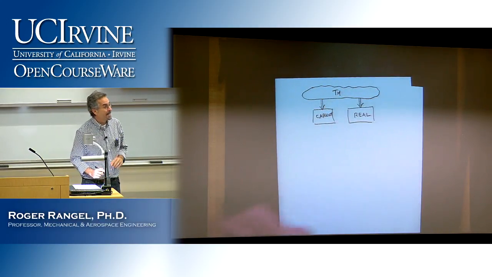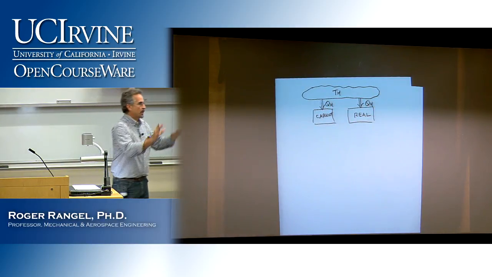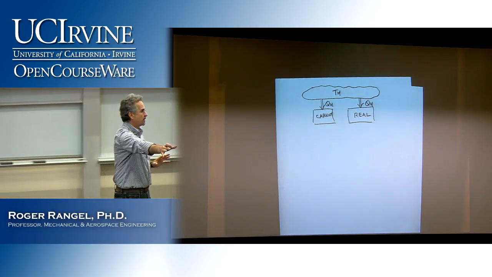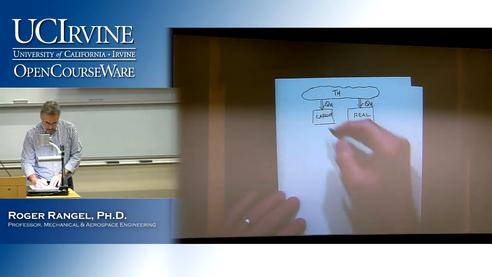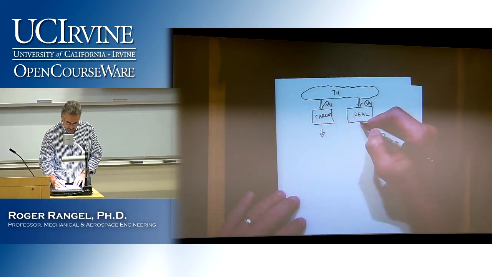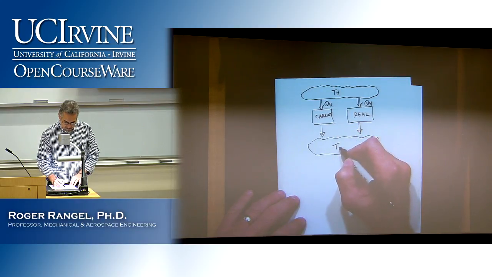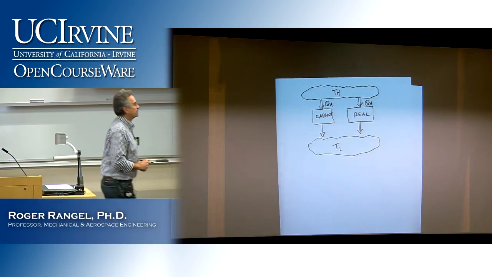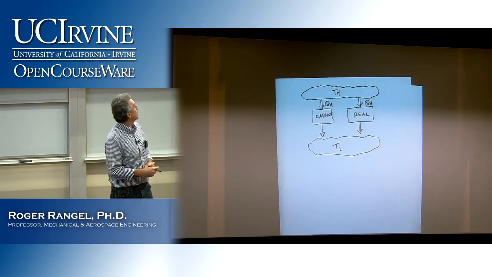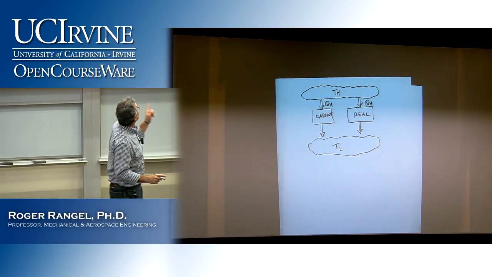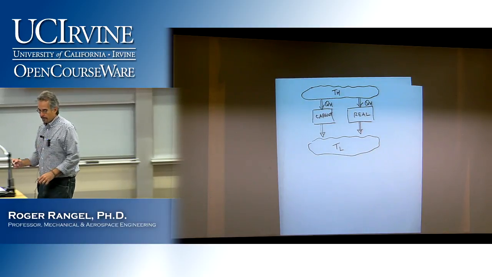And in fact, I'm going to make it the same. So this is QH, QH. I'm going to feed my real engine the same amount of heat transfer as I fed my Carnot engine. And I'm also going to make them reject heat to the same low temperature reservoir. So anything that is labeled there is the same. The TH is the same for both. The TL is the same for both. And the QH is the same for both.